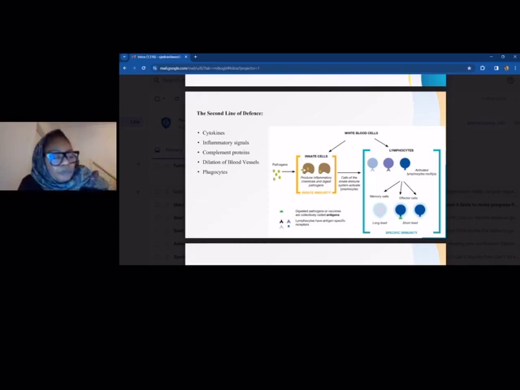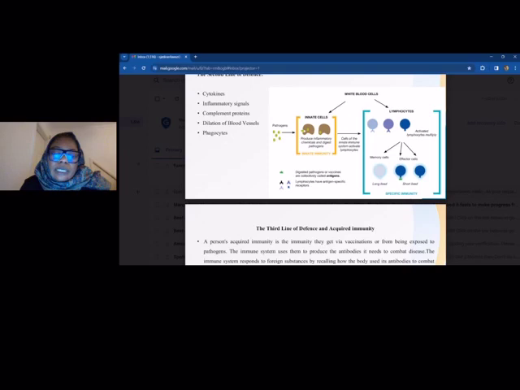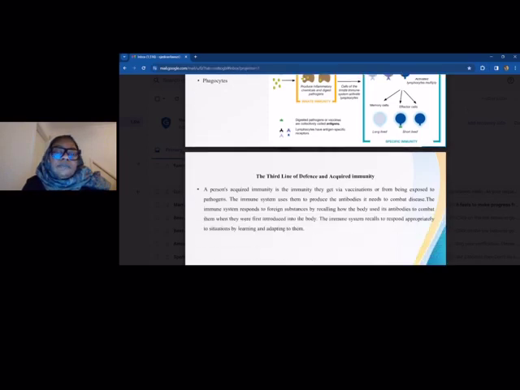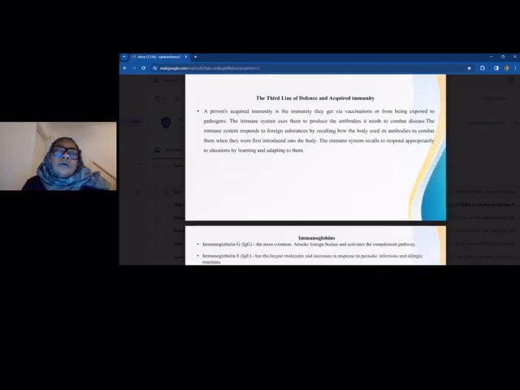Now we're moving on to slide 6, which is the third line of defense and acquired immunity. When the skin gets injured or develops infections, the body's reaction is to create an inflammatory response, with dilation of blood vessels.